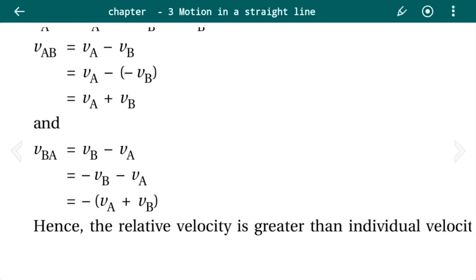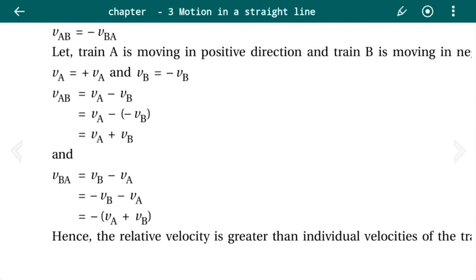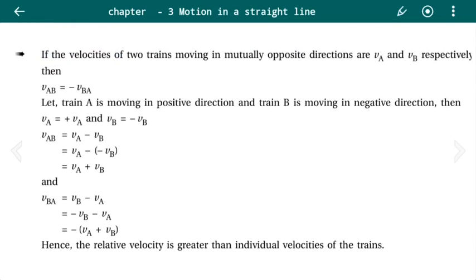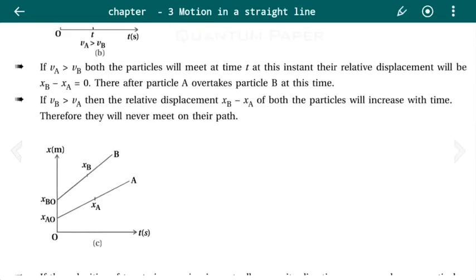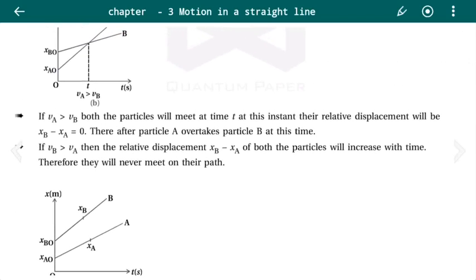Hence the relative velocity is greater than the individual velocities of the trains. So when we consider the relative velocity of two trains moving in opposite directions, the relative velocity will be greater than the individual velocity of the train. So students, you may note down this theory as well as these cases.